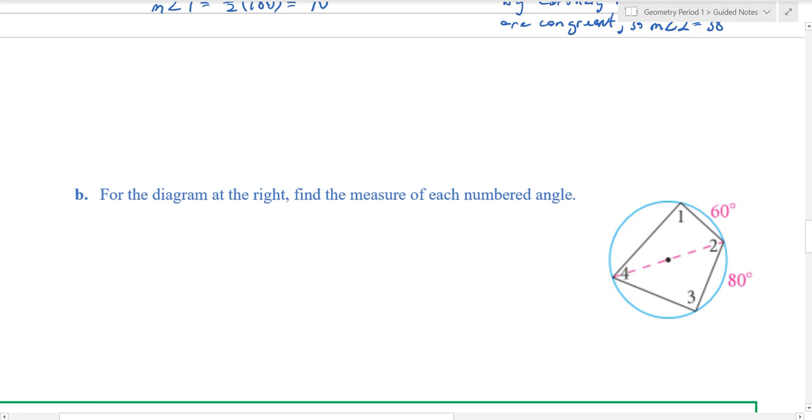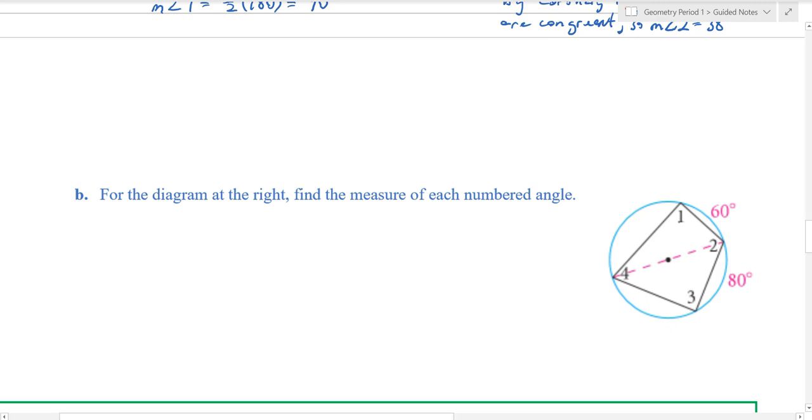All right, let's take a look at this one. So the first thing that we can see is that angles 1 and 3 both are inscribed angles. Actually, all 4 angles are inscribed. So we can say that angles 1 and 3 are inscribed, but they are both intercepting semicircles.